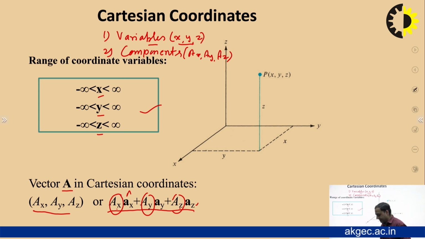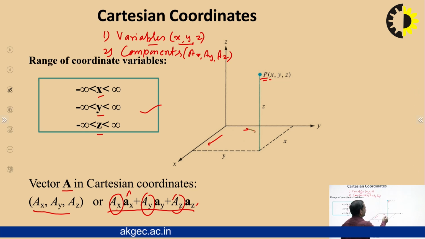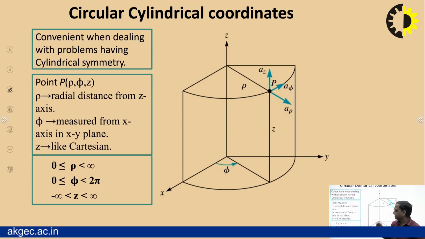In the diagram we can also see that P is the point, which can be represented as x in this direction, then y, and then z. These are very basic things which each one of you is very much aware of.